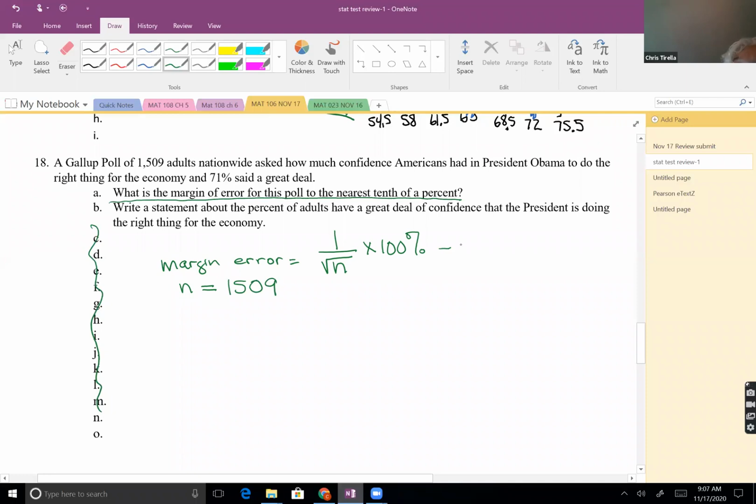So my margin of error is 1 over the square root of that 1,509. Then after I get the decimal, I'll multiply it by 100. And so with my calculator, I'm going to take 1 divided by the square root of 1509. And then when I multiply that answer by 100, I get to the nearest tenth, 2.6%.